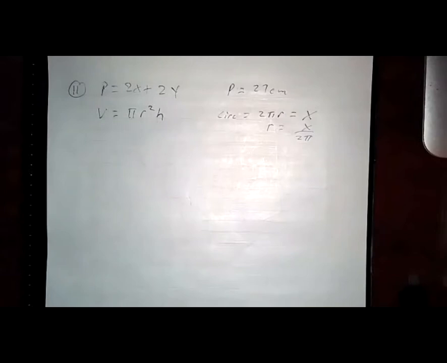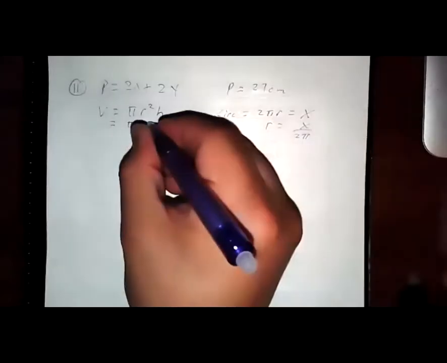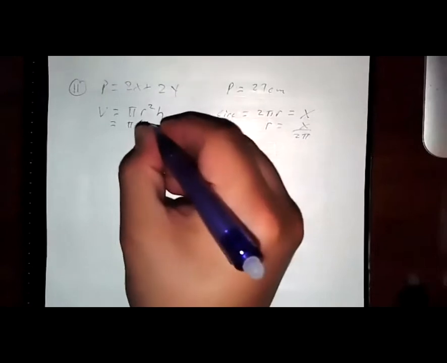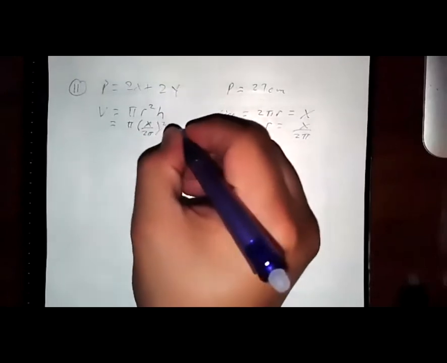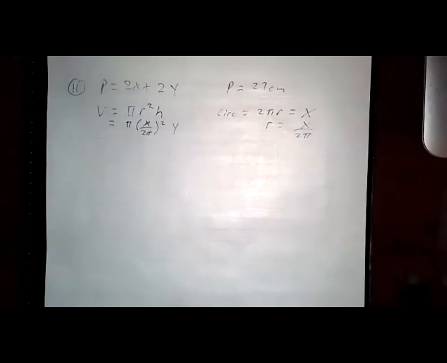Wouldn't the volume formula just be pi times x over 2 pi, squared, times y? You see what I mean? Okay.